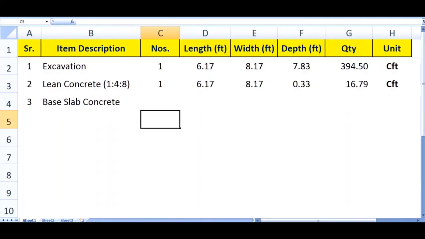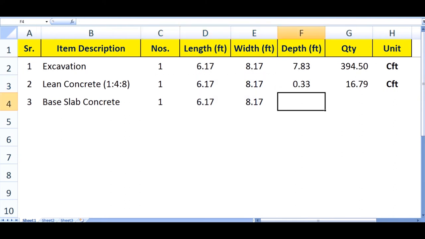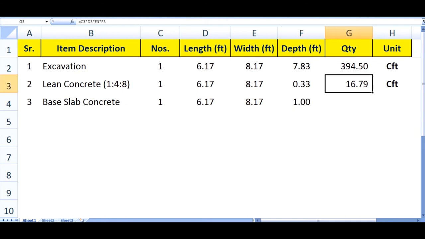So we write here the same length and the same width for base slab, only the change will be in thickness. The thickness of base slab is 12 inches. Now multiply these quantities. The base slab concrete will be 50.36 CFT.